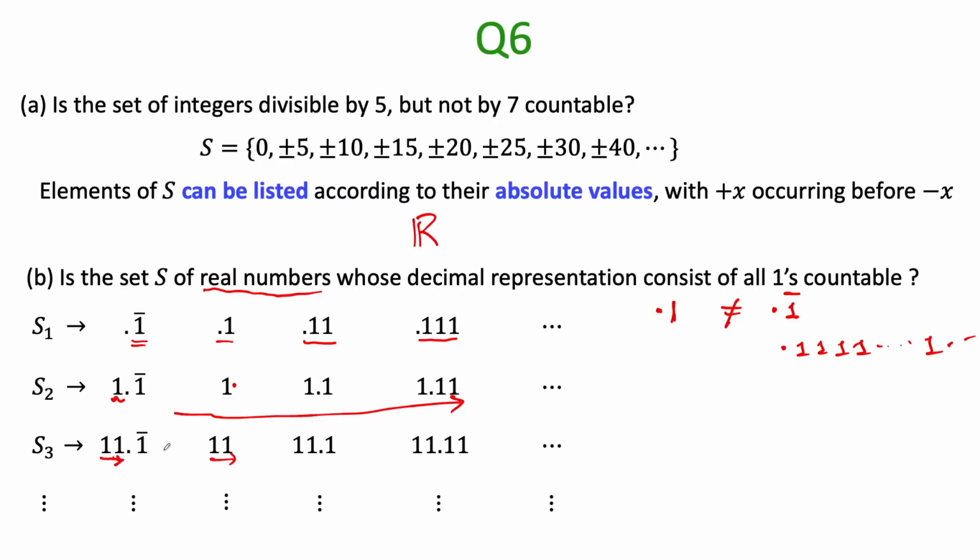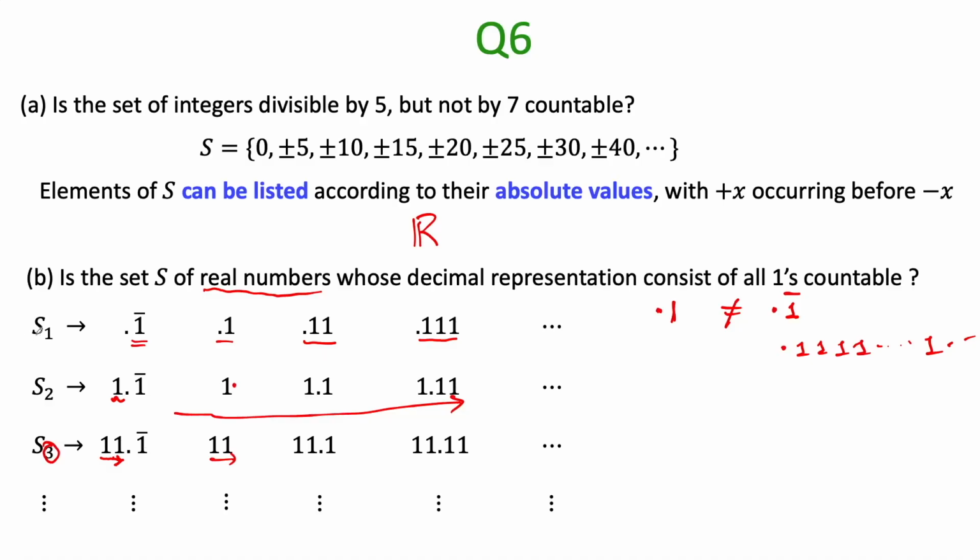You can imagine that when I am considering the set Si, I will be focusing on all the real numbers whose decimal representation has ones, provided there are i minus 1 occurrences of 1 before the decimal point. After the decimal point I will give preference first to the recurring occurrence of 1, then 0 occurrences of 1, 1 occurrence, 2 occurrences, 3 occurrences, and so on.